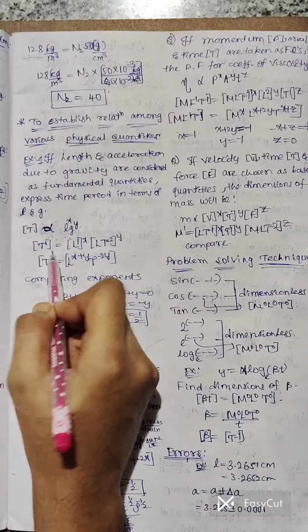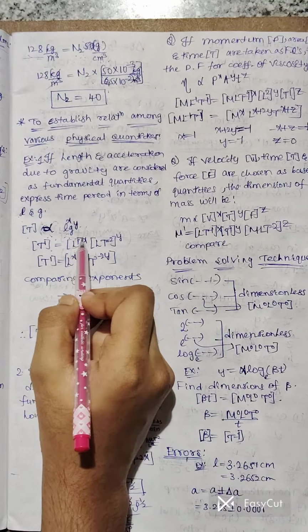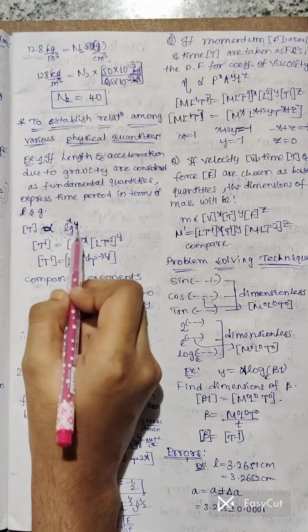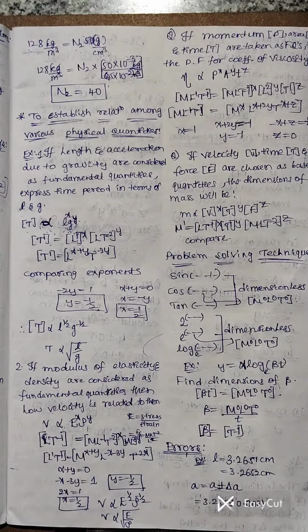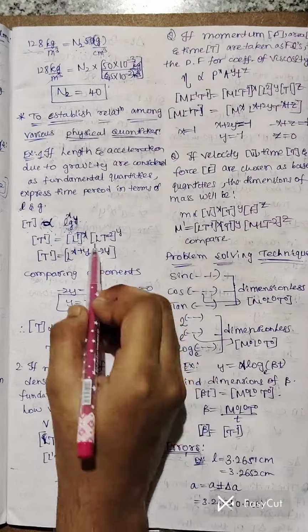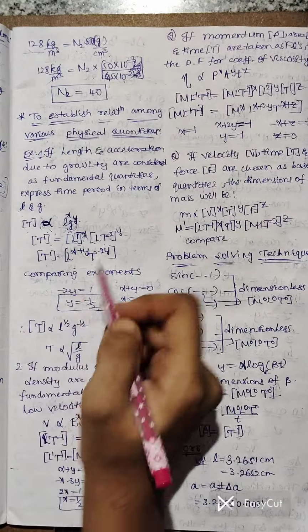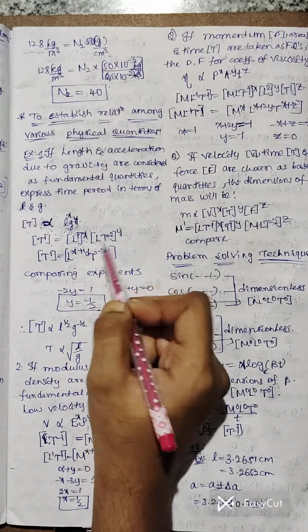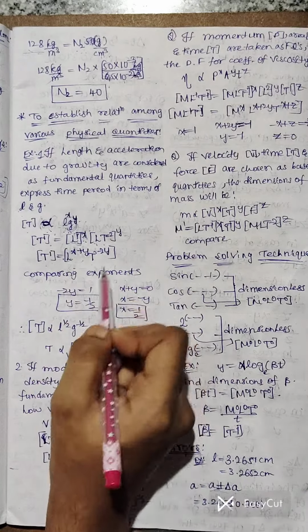So T power 1 is equal to, for length, L power 1 raised to x, and for acceleration due to gravity, it has the same unit as acceleration, which is L T power minus 2, raised to the power y. So T power 1 is equal to L power x into L power y, that is L power x plus y into T power minus 2y.